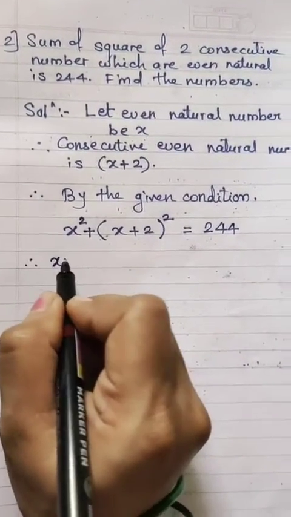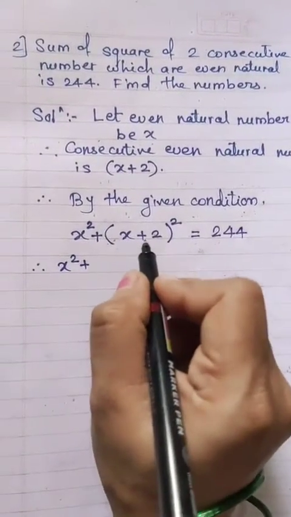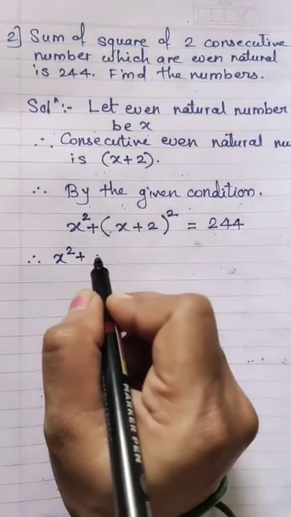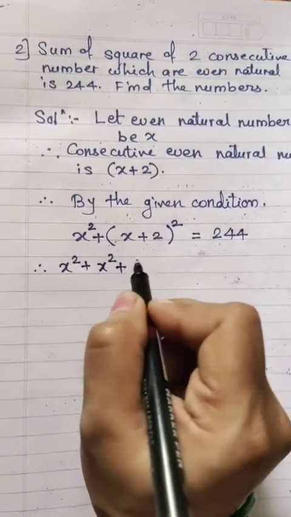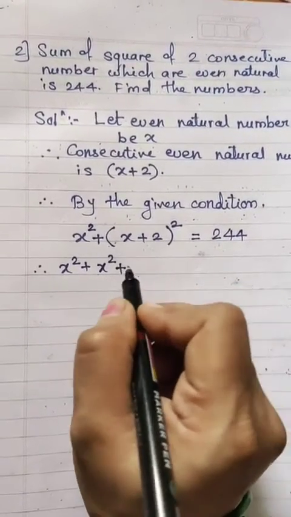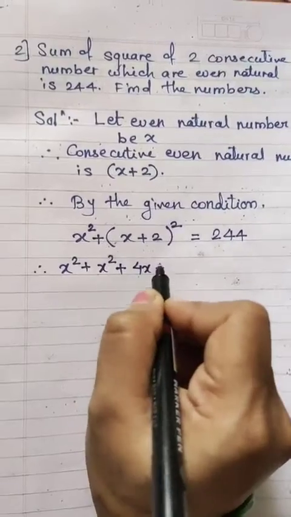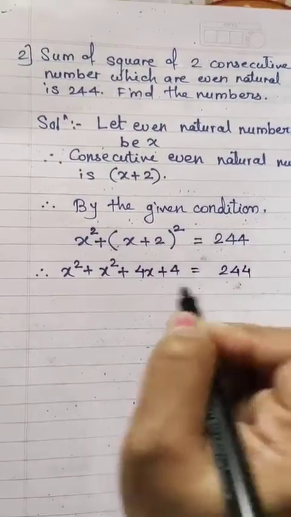By using the formula for a plus b whole square. A plus b whole square expansion is a square plus 2 into first term into second term, 2 into x into 2, that is 4x, plus 2 square is 4, is equal to 244.